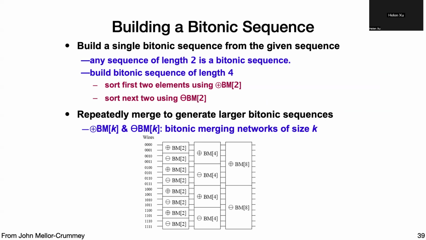And how are you going to build that? Well, you can do pretty much the same thing that we have been doing with Bitonic merge, but you use that to build the two halves. And this is your sorting network. One thing to notice is that they're not all plus like they were in the previous thing, plus being one direction of the sorting. Here it is plus minus, plus minus, plus minus.